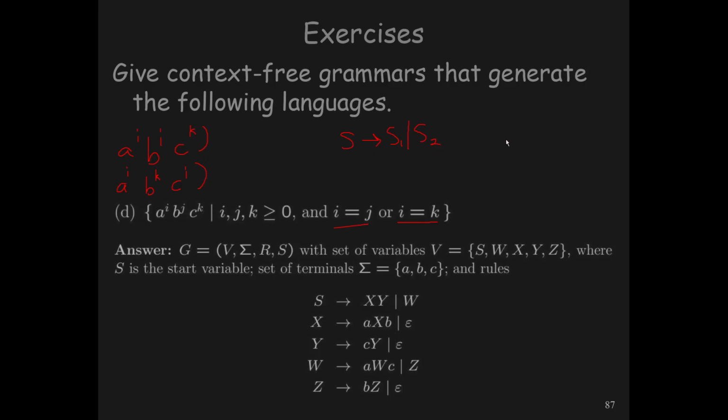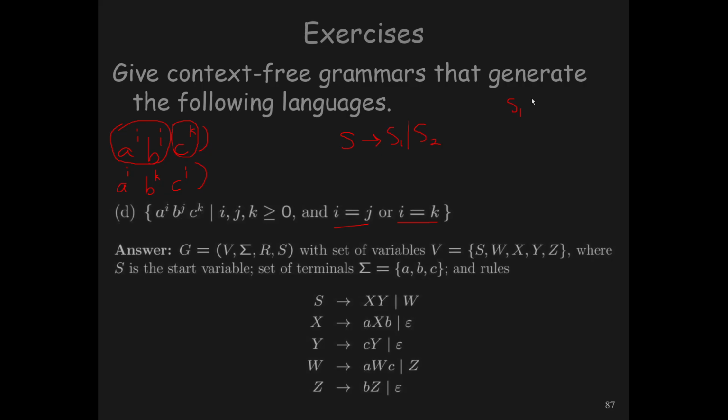Next, for S1, you're going to generate C^K, multiple C's, and then you're going to generate the A's and the B's together, okay? Because you have to generate them together in order to have the number be equivalent.